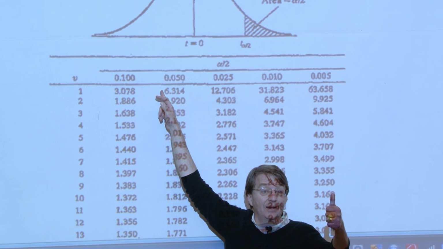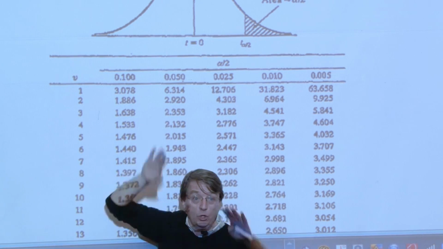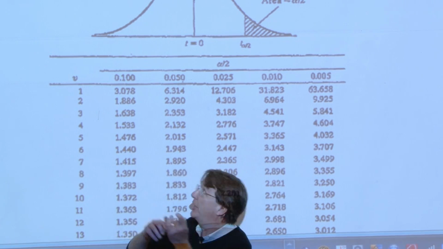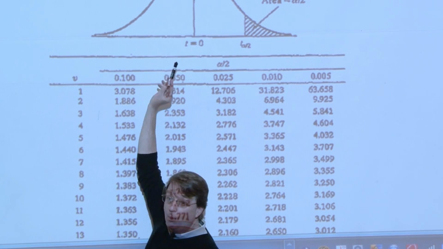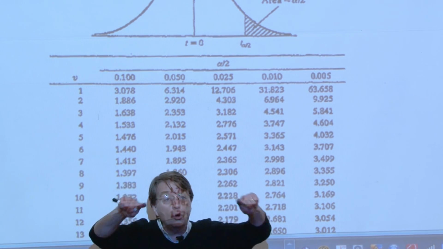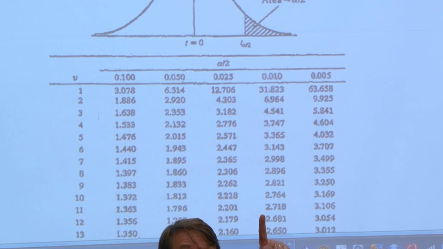Are we good? Okay. That means, due to symmetry, we're looking for plus and minus. We're looking for the upper and the lower. There's another number right here. And what's that area? The same, 0.05. So the total area of the tails, 0.05 plus 0.05, is 0.1.